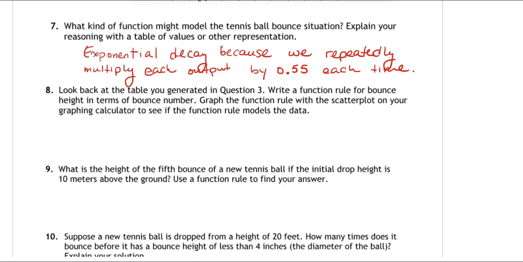It'd be exponential growth if I was multiplying by a number larger than one, but it's because it's less than one that I'm constantly multiplying its exponential decay, meaning that the function itself is going to be continuously getting smaller and smaller and smaller because it's decaying. It would be getting larger and larger and larger if it was exponential growth. Okay. And obviously, if I bounce a ball, it's not going to get higher and higher each time. It's going to get smaller and smaller each time.